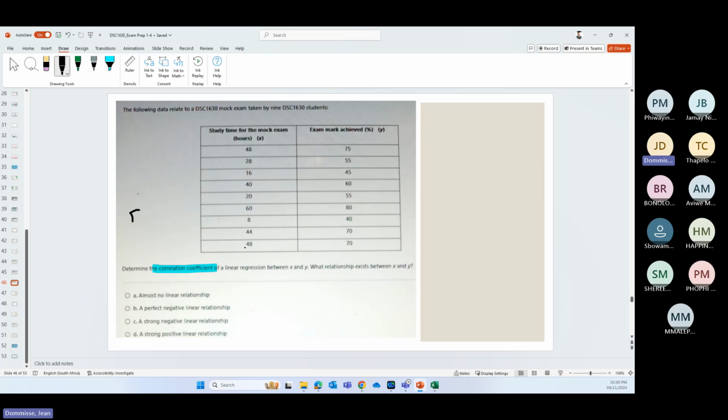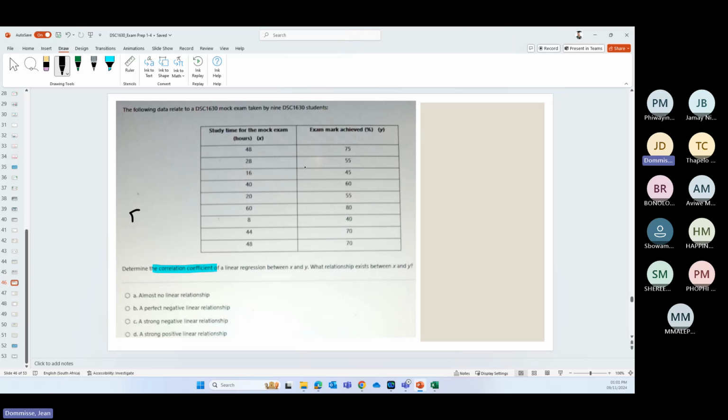Let's look at what's after 28. Oh, there was a 20 as well. 20 gives me 55, 28, 55. So it did not go down, it stayed the same. 40 goes to 60, 44 goes to 70, 48. There are now two 48s, but one is 70. There's a 48, 75, 60 goes to 80.